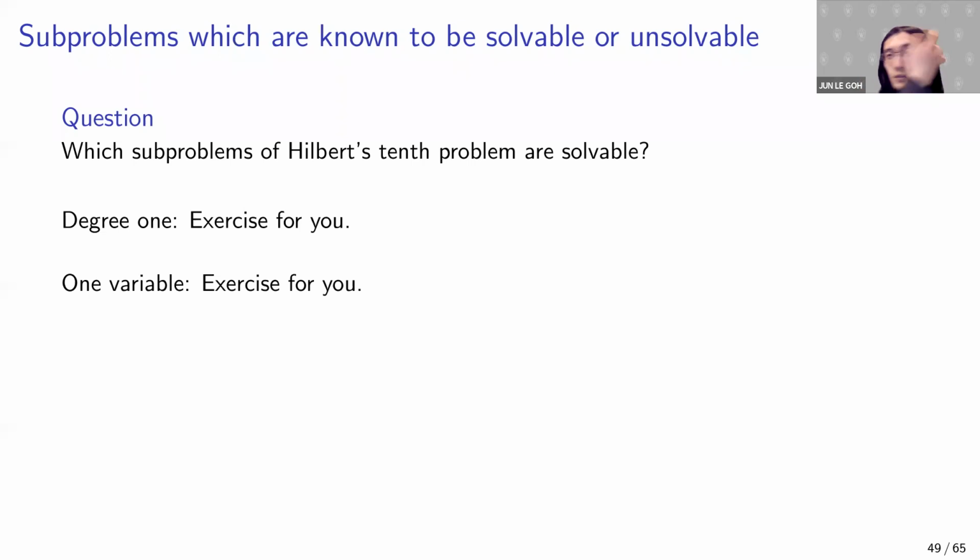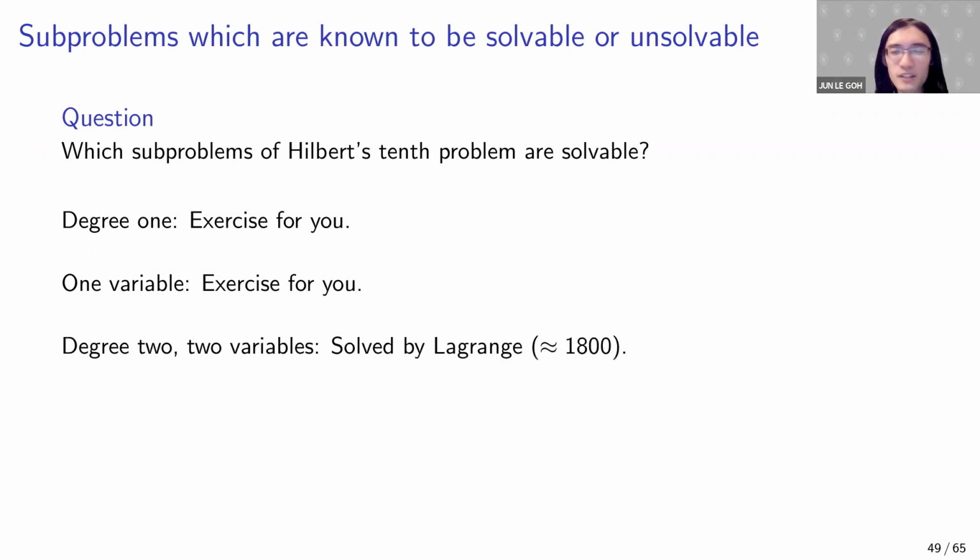Now let's move on to more complicated situations, things which you probably don't learn in school. Degree 2 and 2 variables. This was solved by Lagrange using the theory of quadratic forms. If you've taken a number theory course, then you're probably familiar with this. But this is already kind of non-trivial. It is solvable.